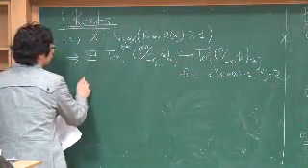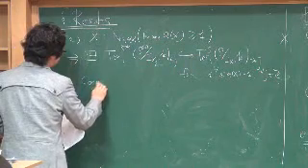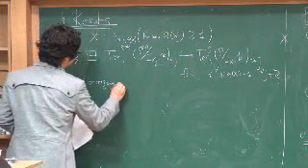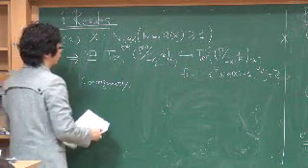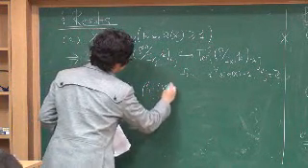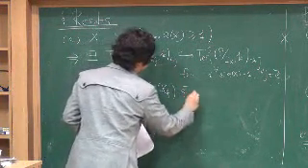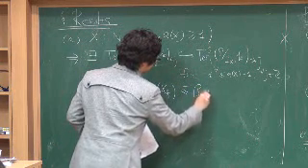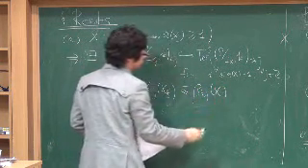Consequently, beta_{i,j} is less than 2.